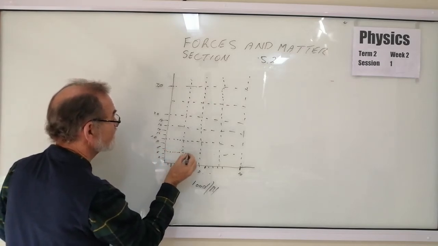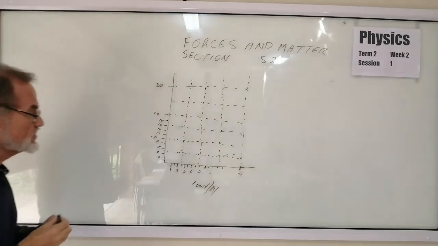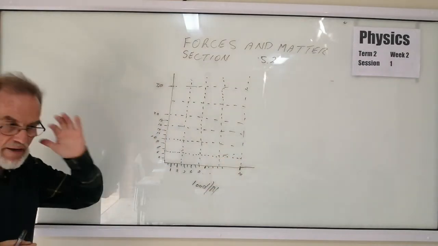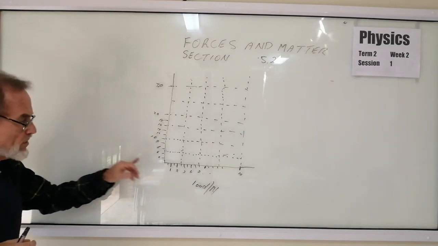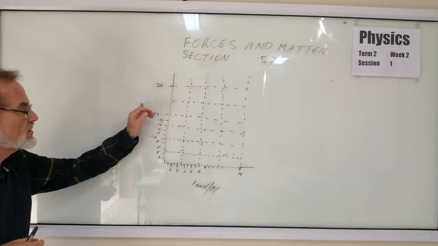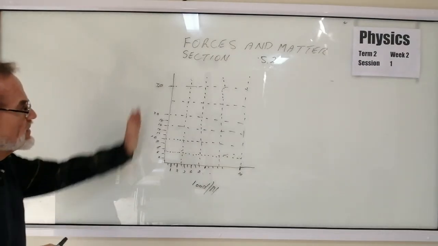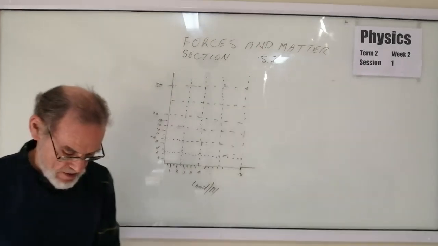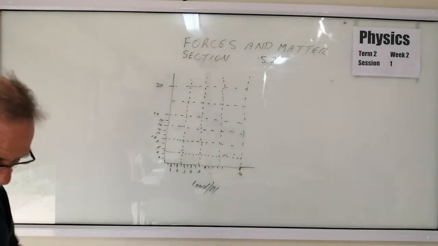This is how it works out. So whatever you do, make sure that you use multiples of 10 and that you mark the correct marks on here and try and use most of the scale that you've got. Right, we can label that axis.